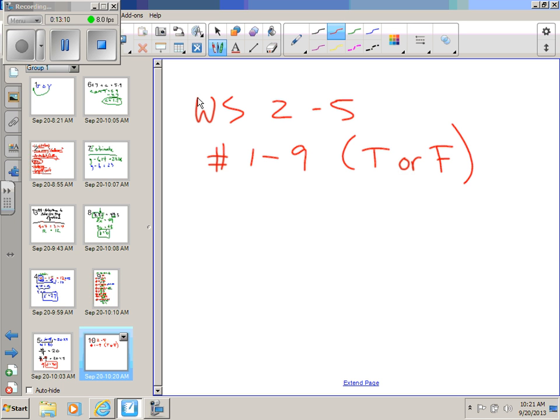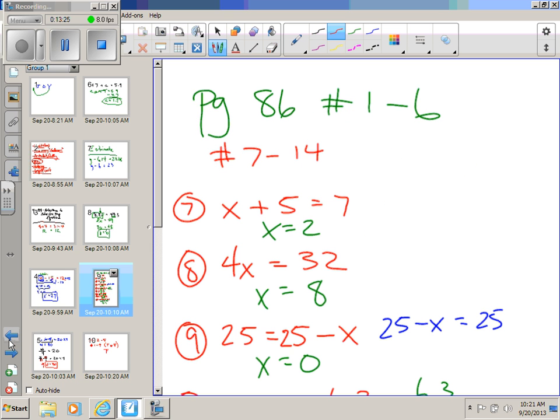Yes, you can use a T for true and an F for false. Just don't give me one of these. I don't know what that is. Okay. 10 through 21. 10 through 21 are very similar to the 7 through 14 that we just did. Okay?